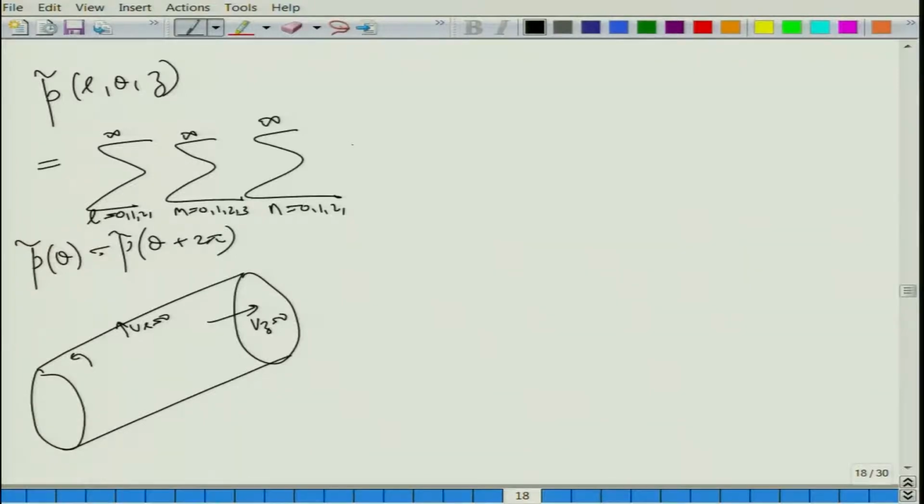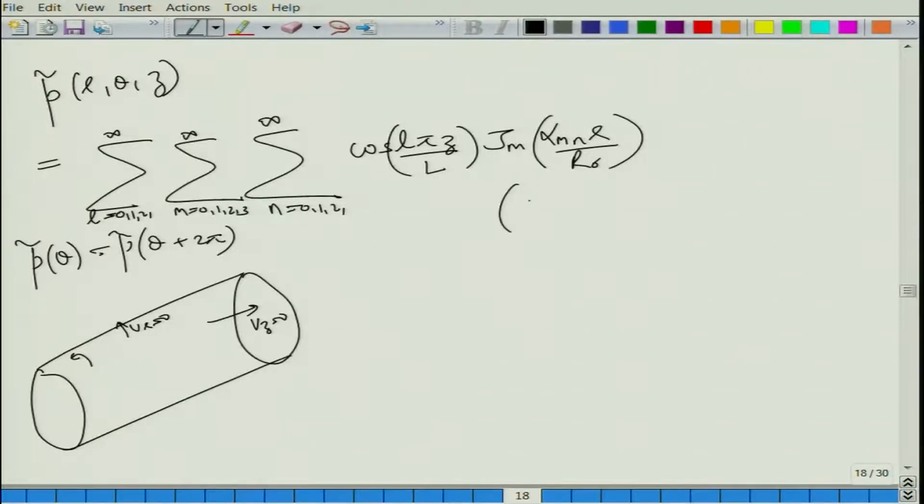So, this is your cos L pi z by L, J m alpha m n r by r naught, into, let's call this constant C1, so C1 L m cos m theta plus C2 L m sin m theta. This is the periodicity condition, and it is very important.